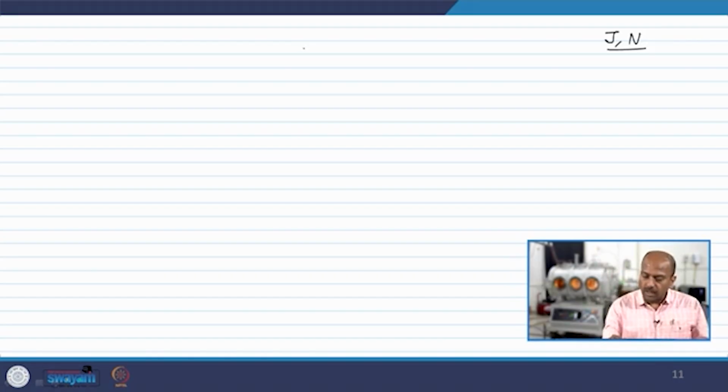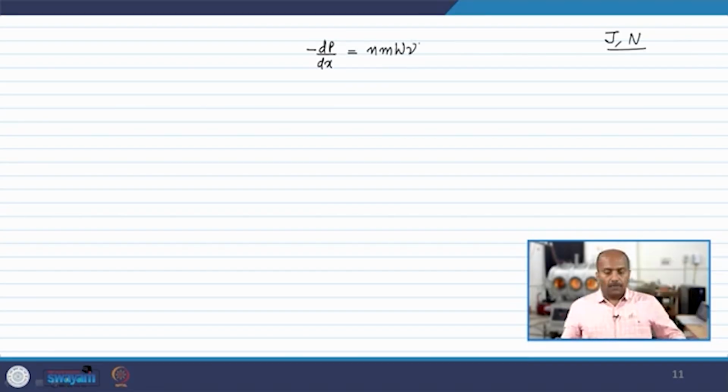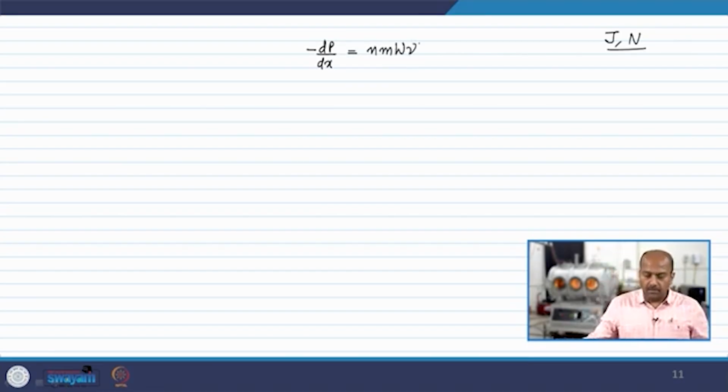Now, in the last lecture we have seen that we can write a relation between the pressure gradient and the collisional force. So, dP by dx is N m W nu, right. The partial pressure of the minor species can be written as P equals N kT.